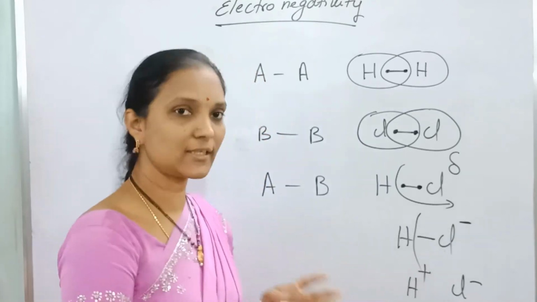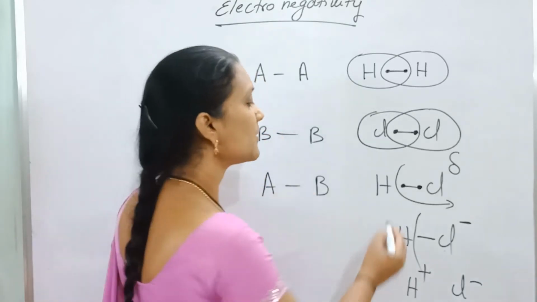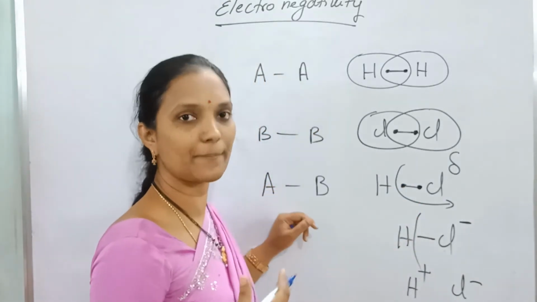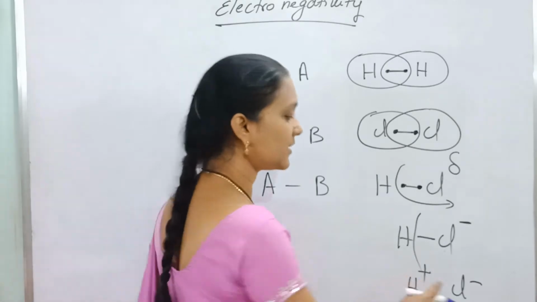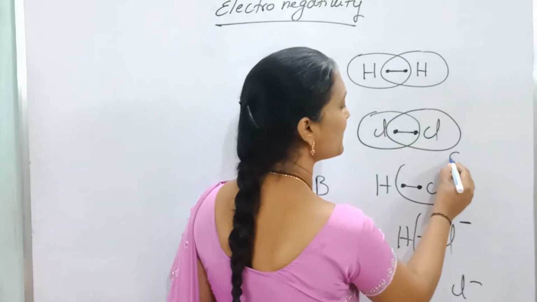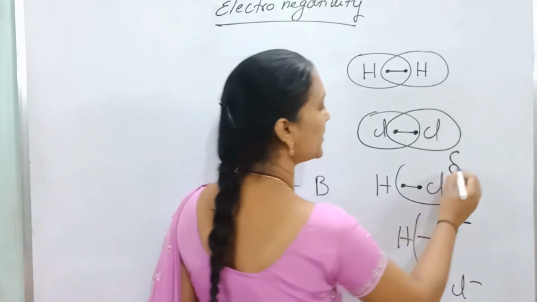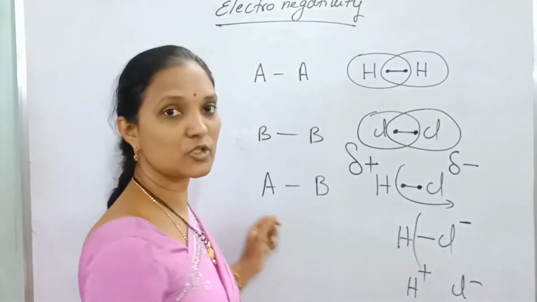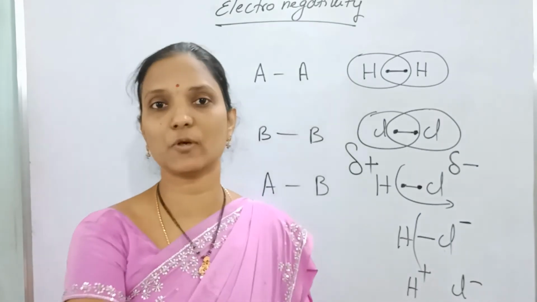Now, complete breaking does not take place, but this bond pair is attracted more towards chlorine compared to hydrogen. Because of that, instead of complete charges, here partial charges develop, represented by delta: partial negative on chlorine, and hydrogen gets a partial positive charge. Now this is a polar covalent compound.